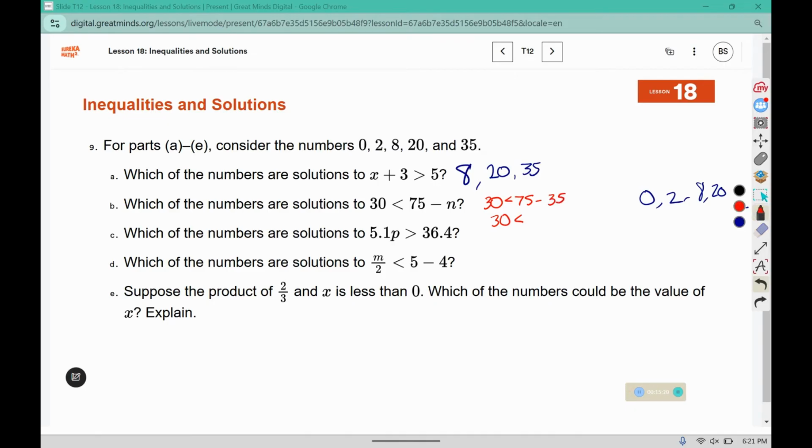What about if I subtract 35? 75 minus 35, that would be 40. 30 is less than 40, so that would indicate that 35 is also a solution.